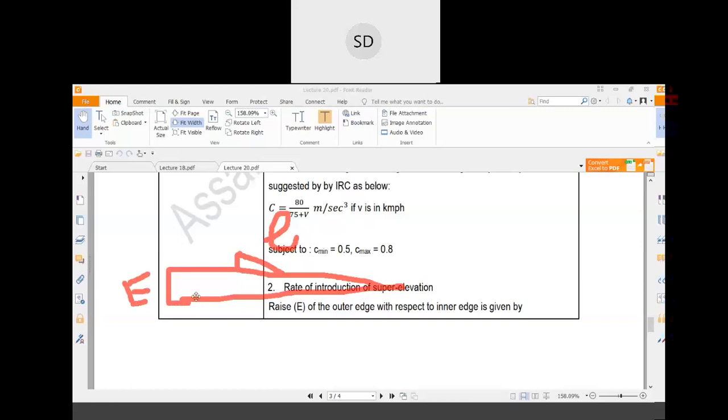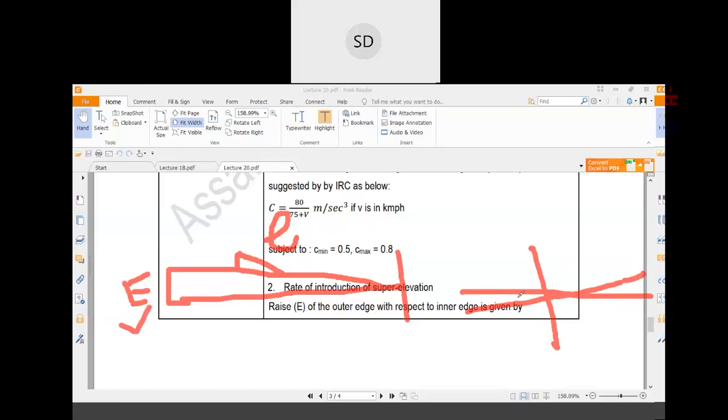For the introduction of the super elevation, there are basically two popular methods. One is rotating the pavement with respect to the inner edge, and another is rotating the pavement with respect to the central line. If you are rotating the pavement with respect to the inner edge, your total E is that one.